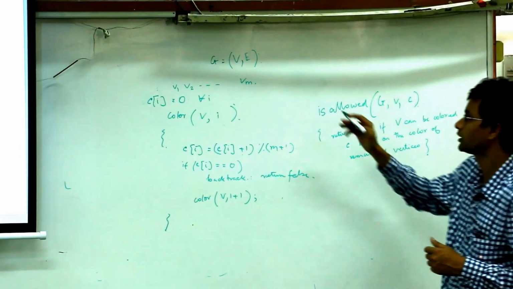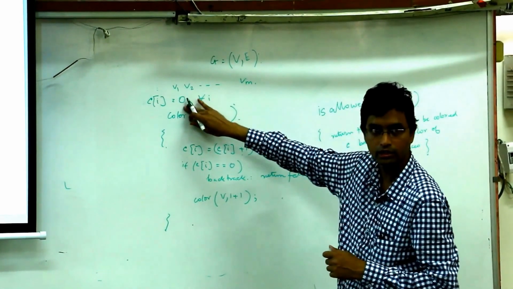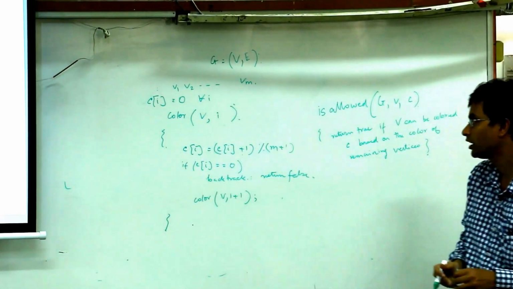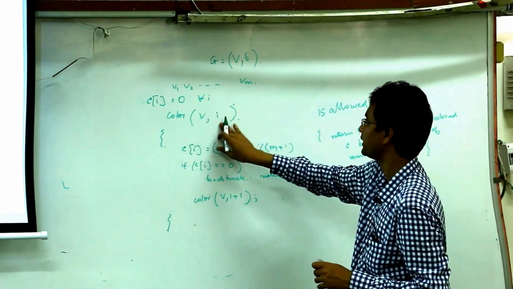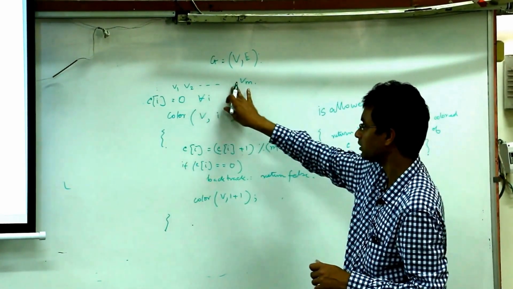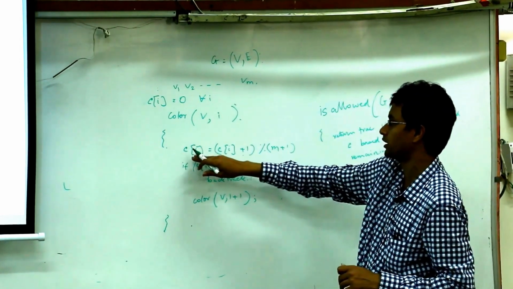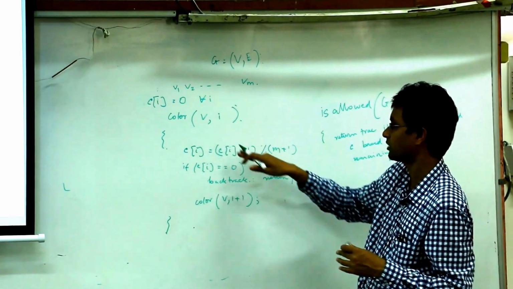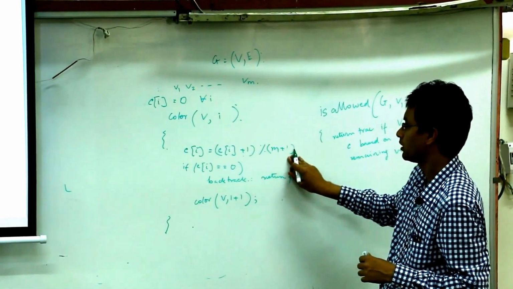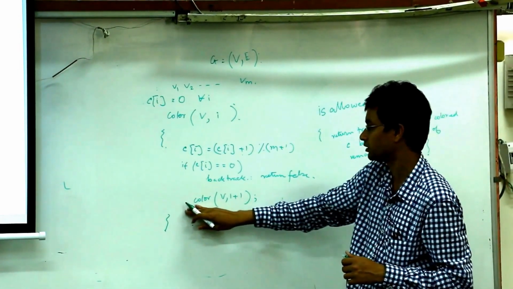You set the colors of all the vertices of this graph to 0 initially, so none of the vertices are colored, and then you call a recursive routine indexed on i, the vertex number. Inside this routine you set the color of vertex i to the current color plus 1 modulo m, and then you recursively call color Vi plus 1.